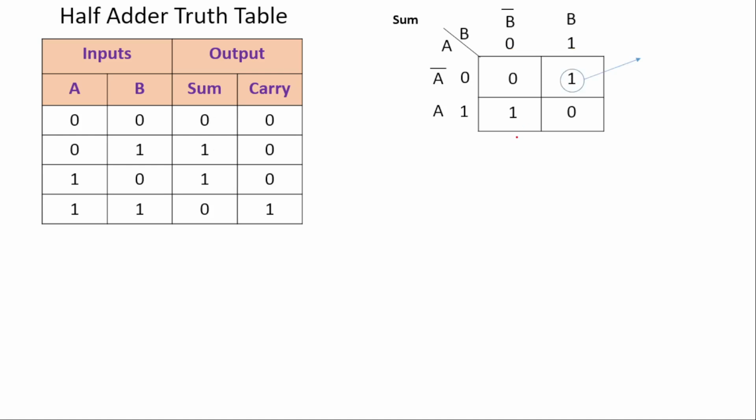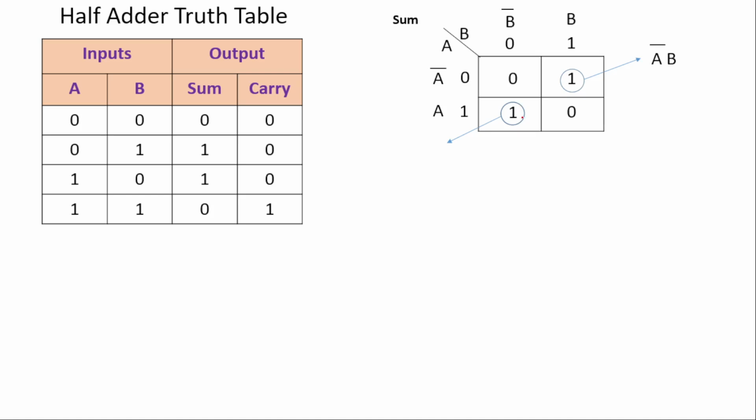Let us take this first one. Look at the left hand side, it corresponds to A bar. Look at the top side, it corresponds to B. So this product term is nothing but A bar into B. Now what about the next one?